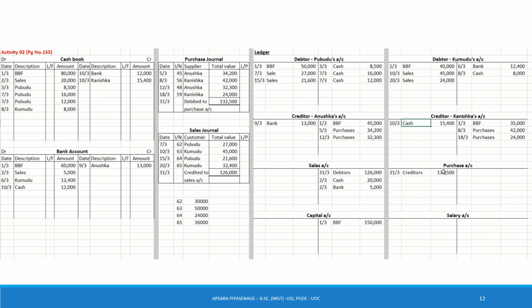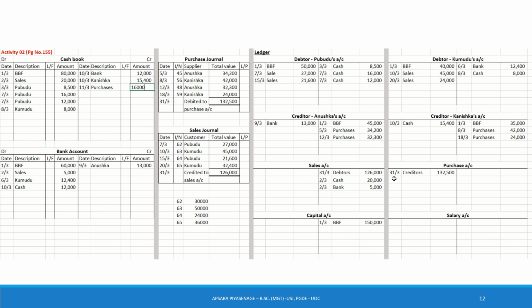Then on 11th of March, purchases. For that purchase they have paid 16,000 from cash and 14,000 from a check. So 11th of March, purchases 16,000.